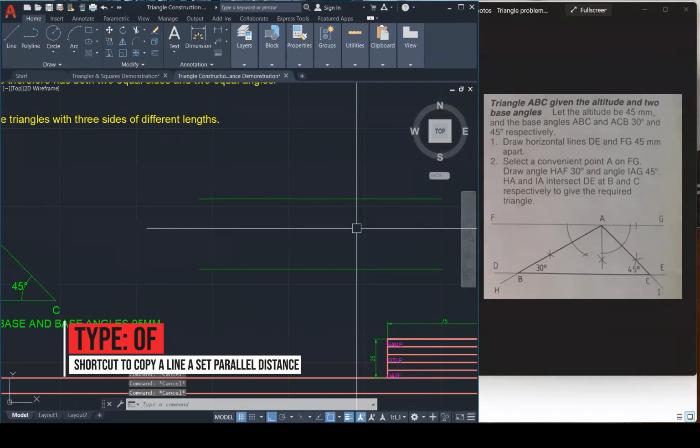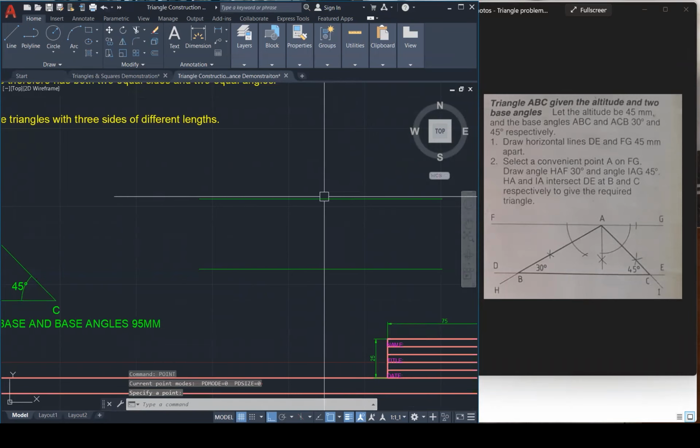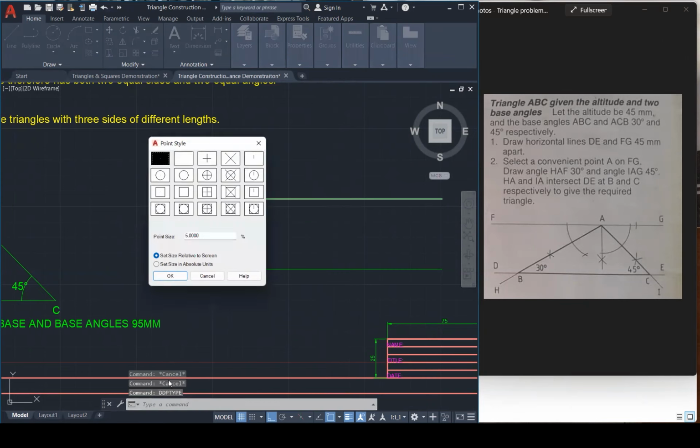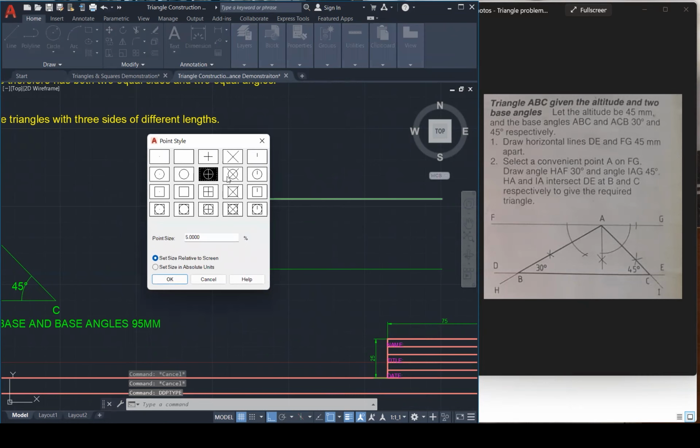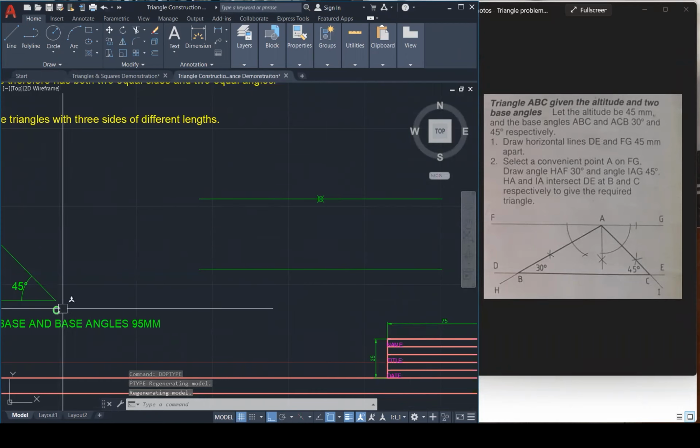Good. And I'm going to pick a random point on the line. So I pick that point there. Let me turn on my point. Okay, good. So that's my point, and I'm going to call that A.